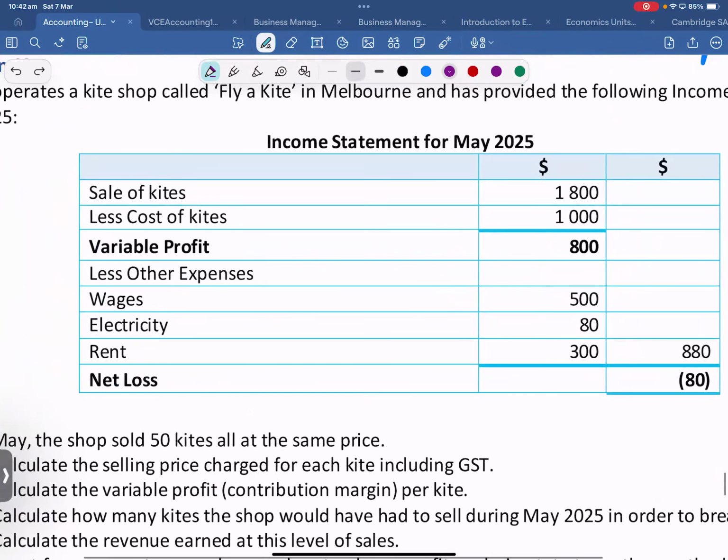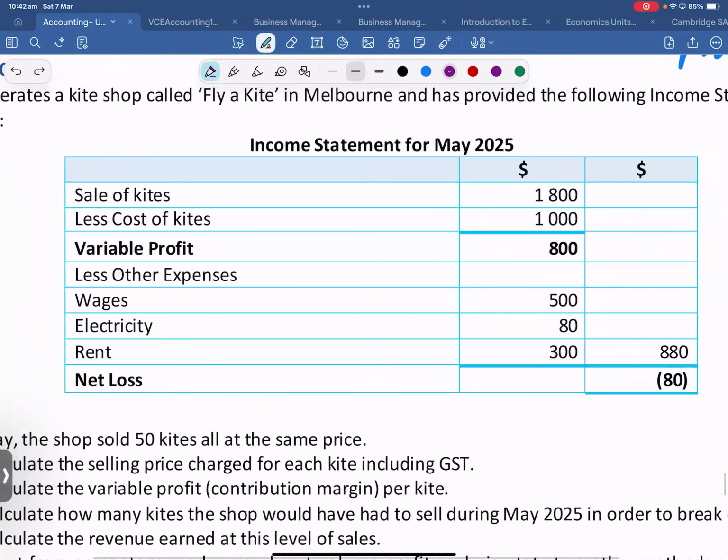Firstly, forget about the GST. We don't report GST in the income statement. There is no GST. Why is that? Because that's a tax charged by the government, and the business can't claim it. Very good. Let's say if I charge you GST on your fees, I can't keep that.